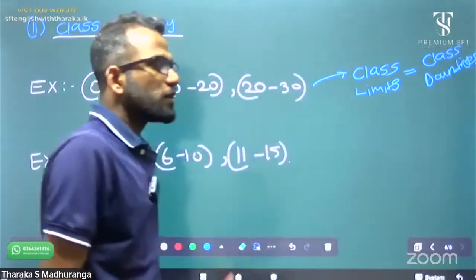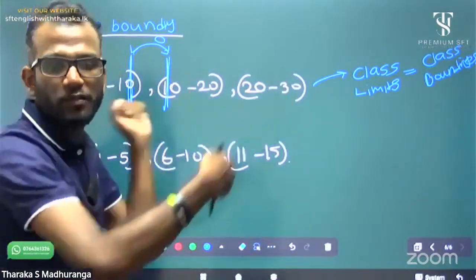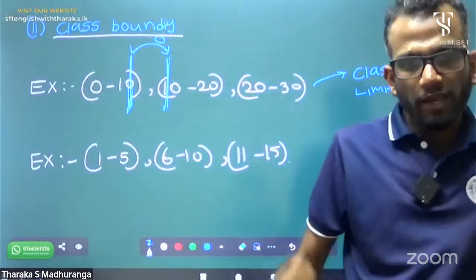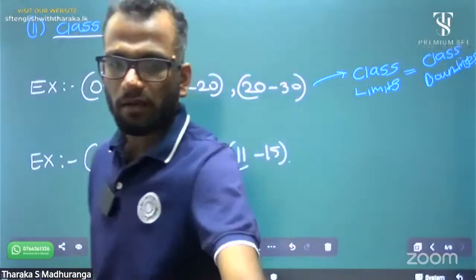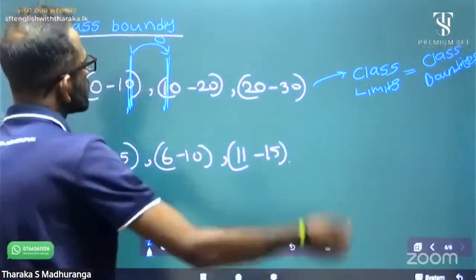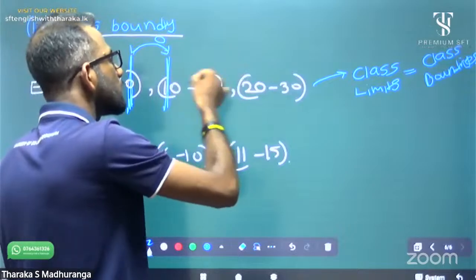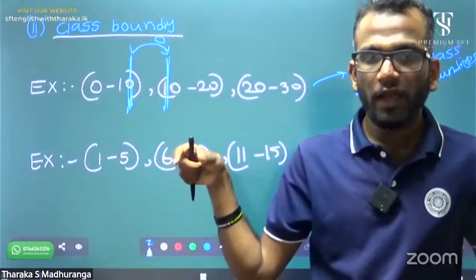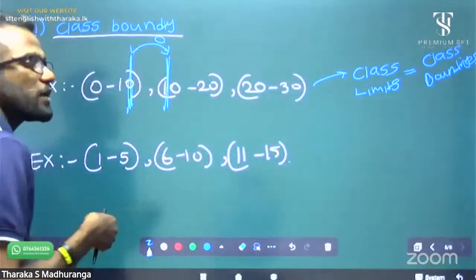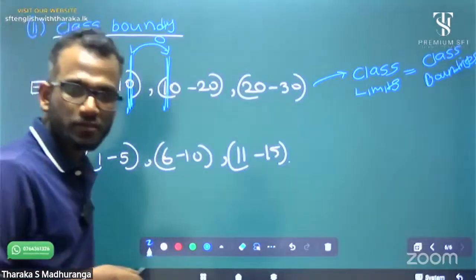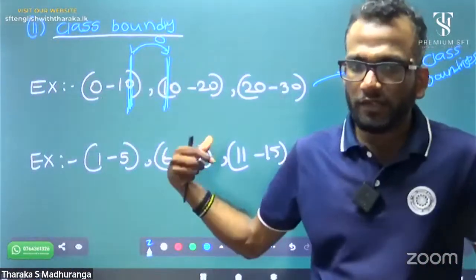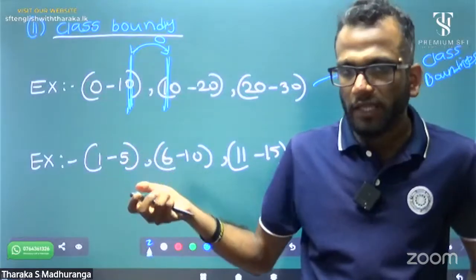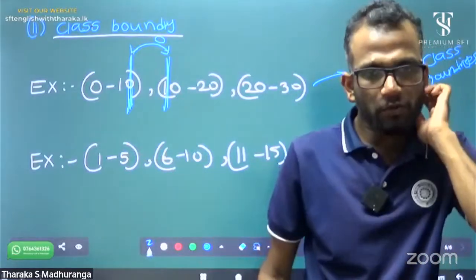The reason is they are already continuous, meaning there is no gap between classes. Class boundaries are the class limits made without any gaps. So for continuous there is no problem.